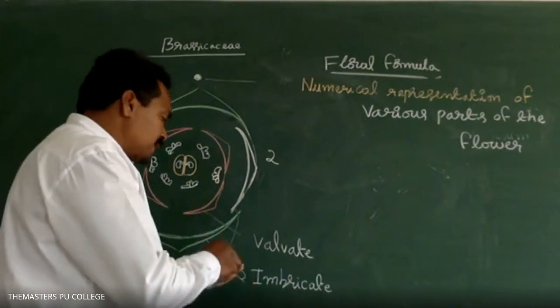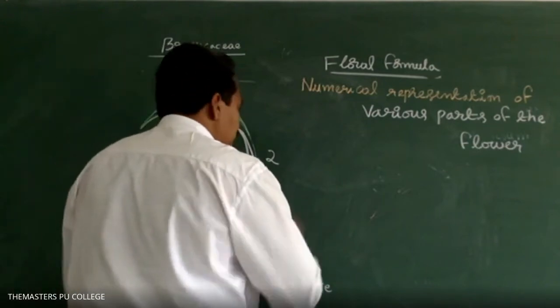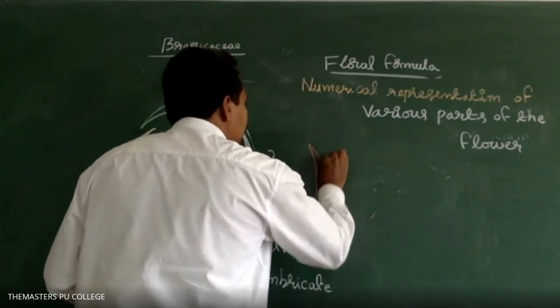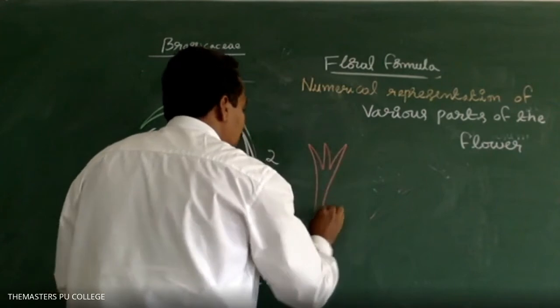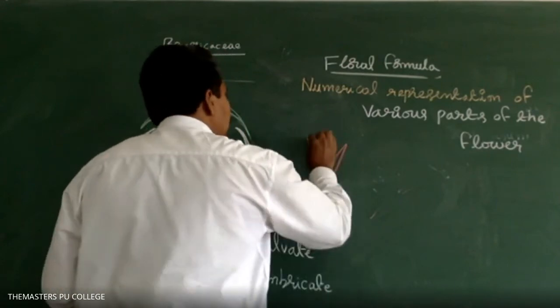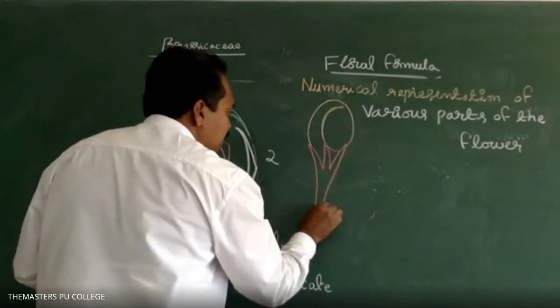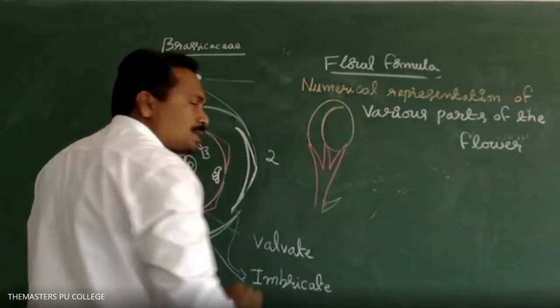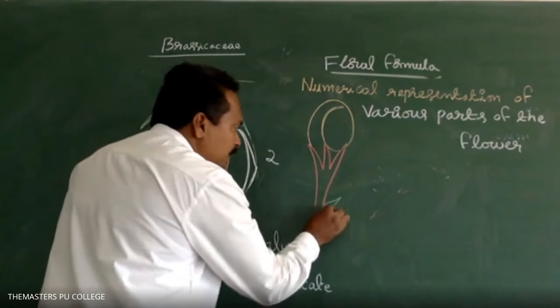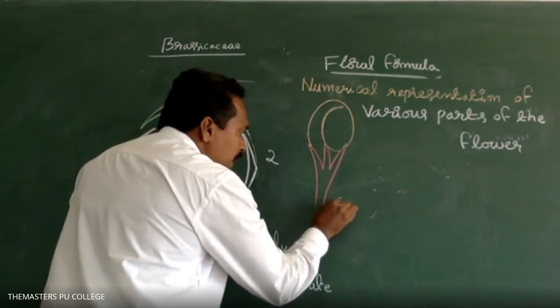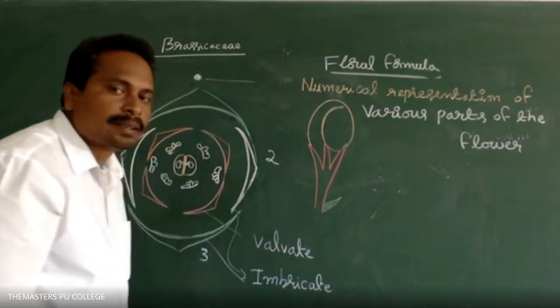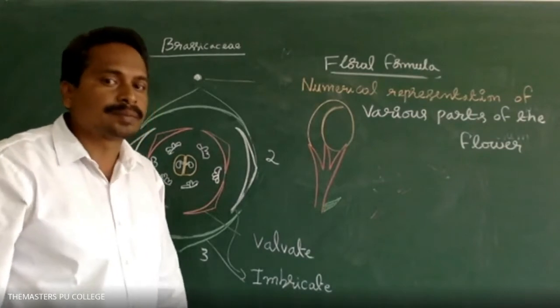In some plant species, the flower consists of a bract. The bract is a small leaf-like structure present at the base of the pedicel. Already know what is pedicel?